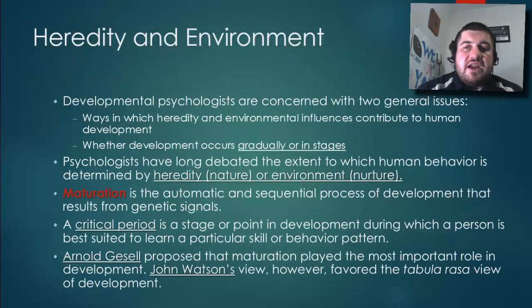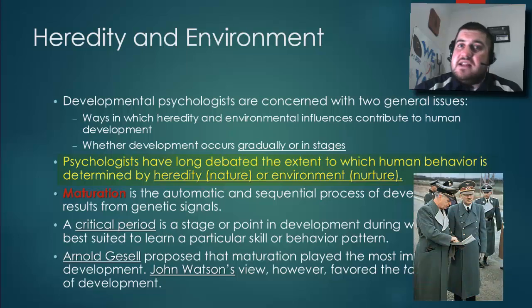The two areas that developmental psychologists are concerned with are ways that hereditary and environmental influences play into a person's development, and then whether or not development occurs gradually or in stages. But let's talk about the first one, nature versus nurture. We kind of took a look at this in our biology study, and people used to think that it was only one or the other. I think psychologists have generally accepted the fact that it's both that influences how a person develops.